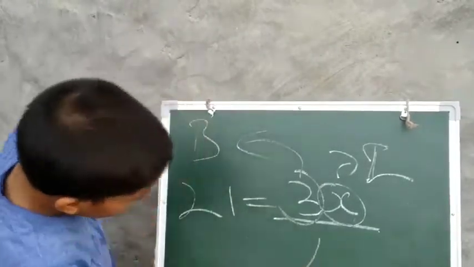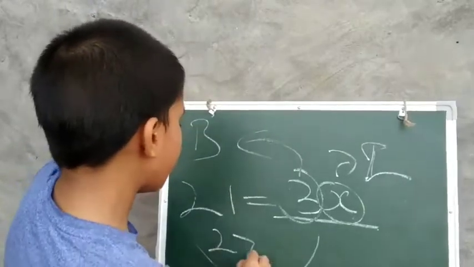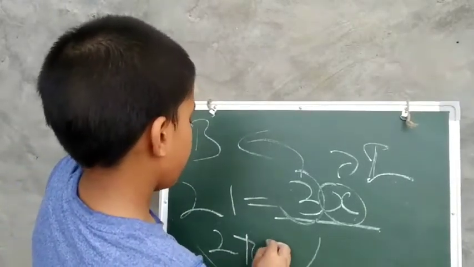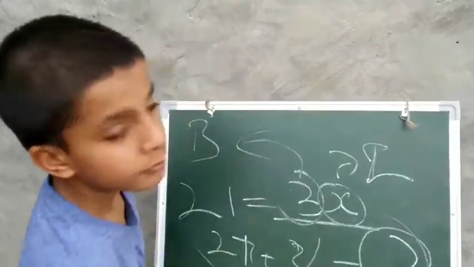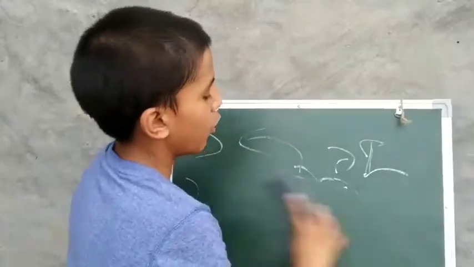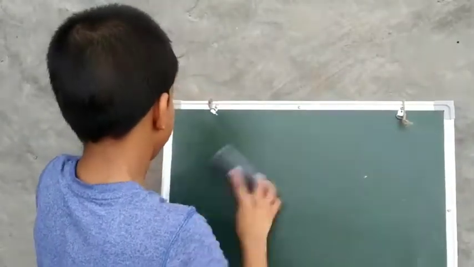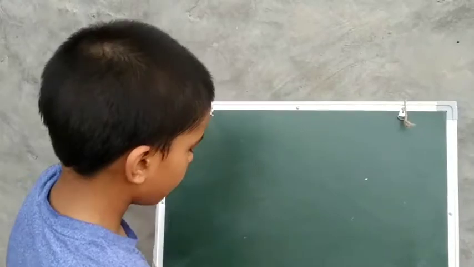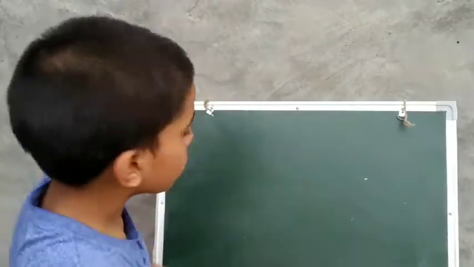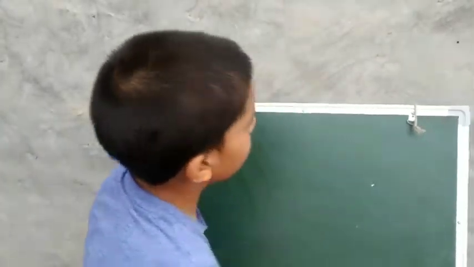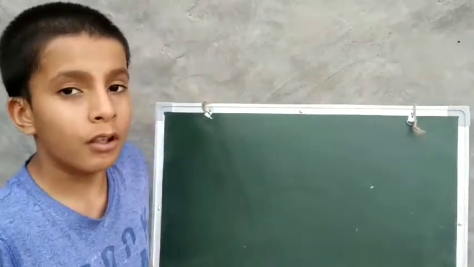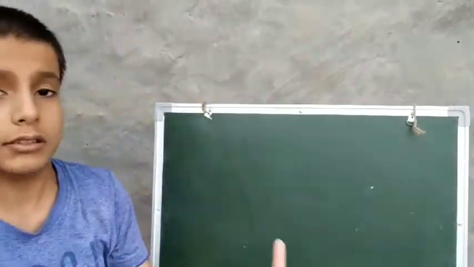When 3 goes to the other side, it is in multiplication, so we will divide by 3. We also get 7. It's simple. This is the whole theory, and if the breadth is not given but the length is given, it is fully the same.